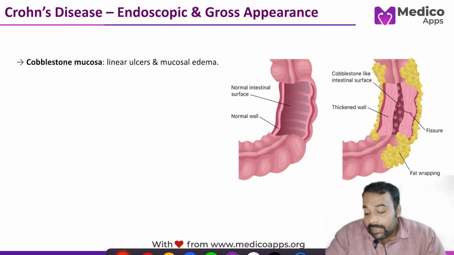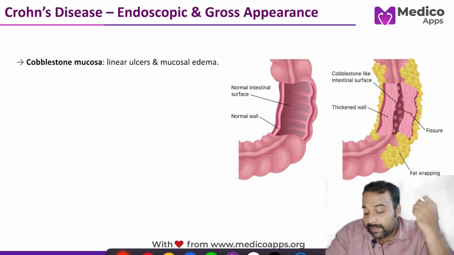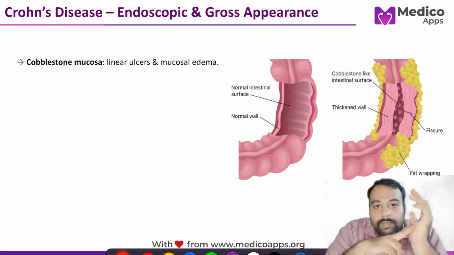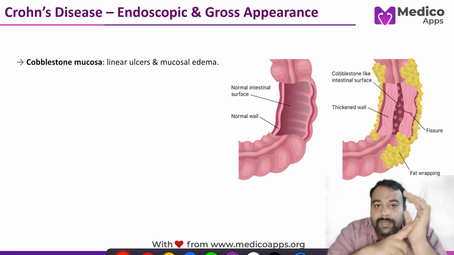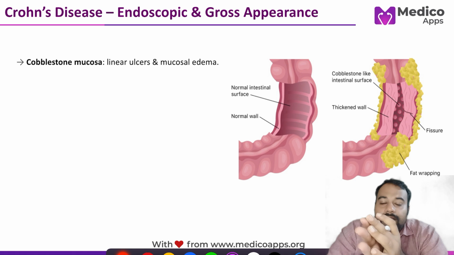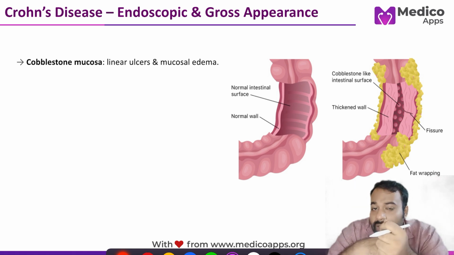Now, regarding the endoscopic appearance of Crohn's disease, there is a cobblestone mucosa. In Crohn's disease there is transmural involvement, meaning the entire thickness of the intestine gets involved, whereas in ulcerative colitis it typically involves only the mucosal area.